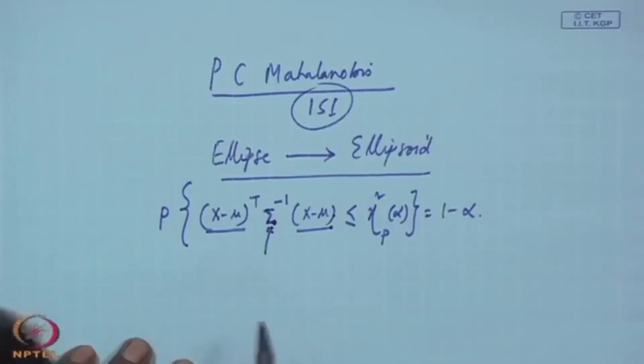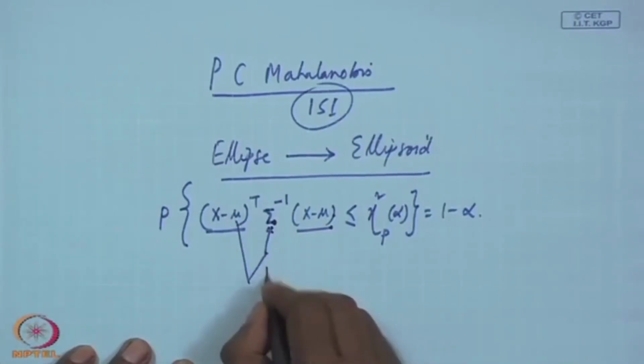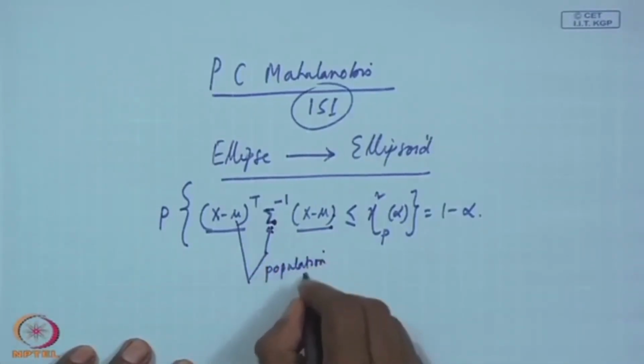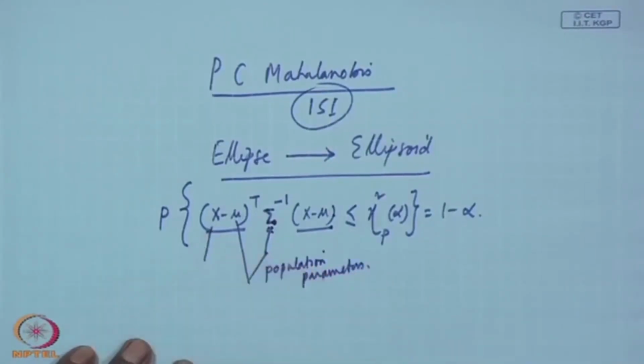Now, in this equation mu and sigma are population parameters and x is the random variable.